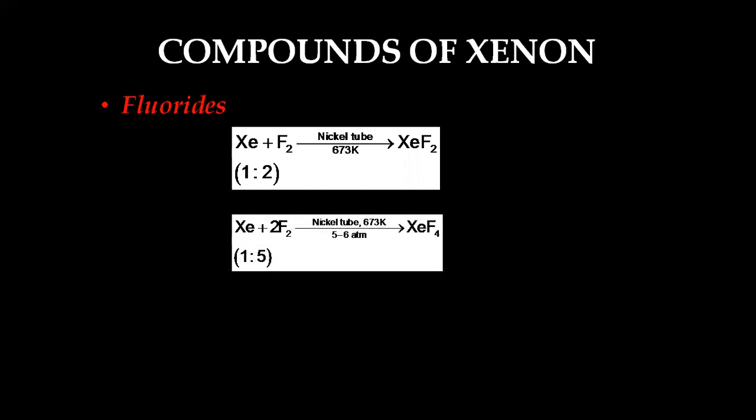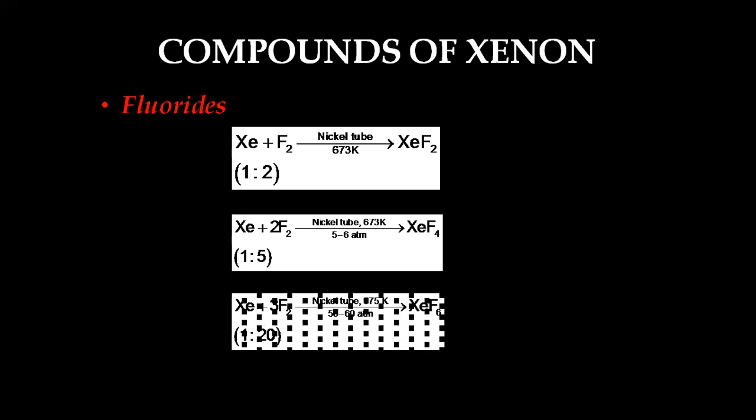The same xenon, when you react with fluorine in the ratio of 1:5 in a nickel tube at 673 Kelvin by applying a pressure of 5 to 6 atmosphere, will form XeF4, xenon tetrafluoride. The same xenon, when it reacts with fluorine in the ratio of 1:20 in a nickel tube at 575 Kelvin, at nearly 50 to 60 atmosphere pressure, gives xenon hexafluoride.